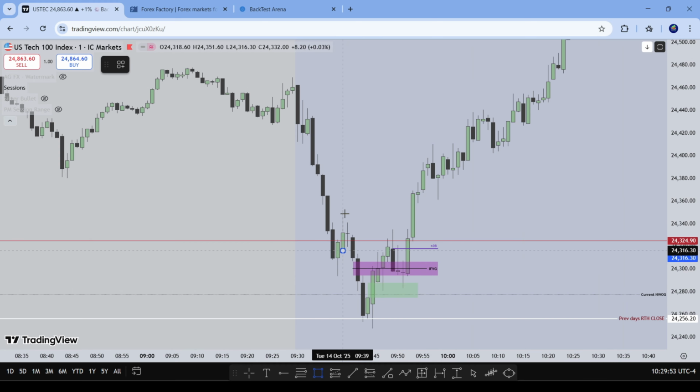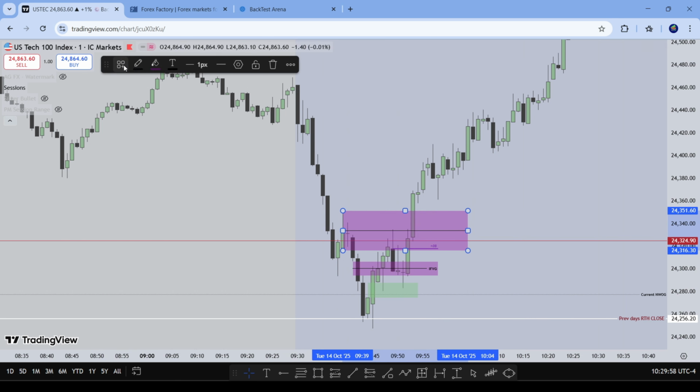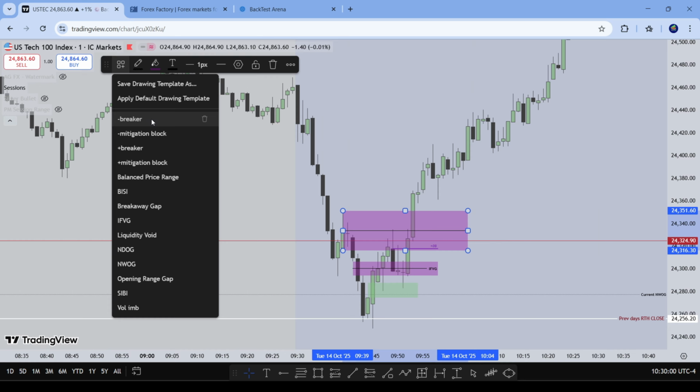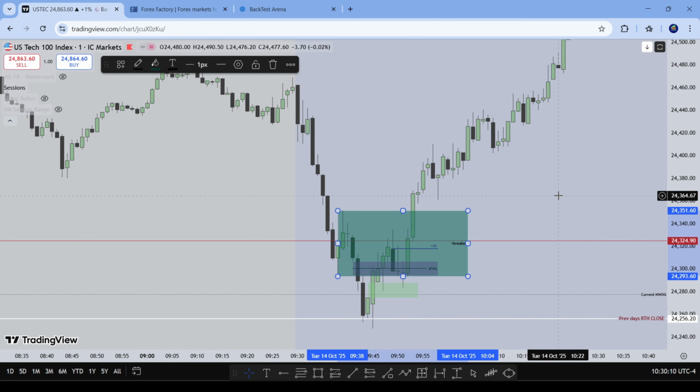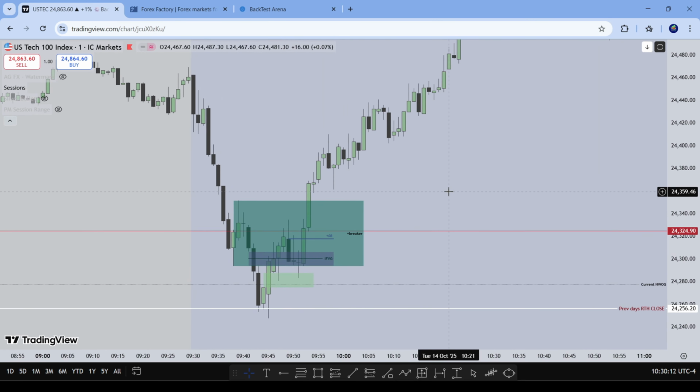So I'm going to have something like this. You could draw it like this. Hold up, give me a minute, please. I'm going to take out some of those lines because it's just going to be too messy. A bullish breaker, you could do it like this or like this, whichever suits you. This is the bullish breaker, the two consecutive up close candles after the high, low, and lower low.